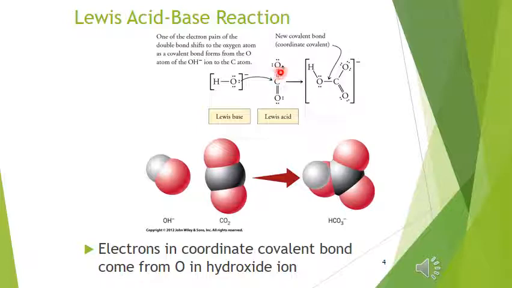Remember when we talked about resonance structures, the electrons in the double bond can move if there's space on the oxygen, because there's space for them. So this double bond can become a single bond, and the lone pairs can come out.